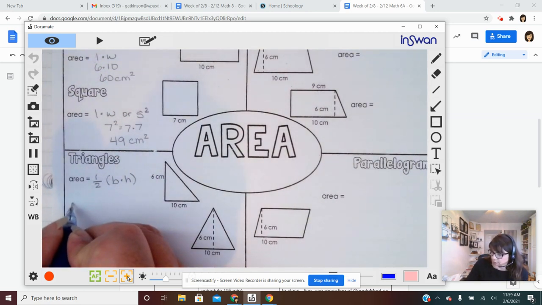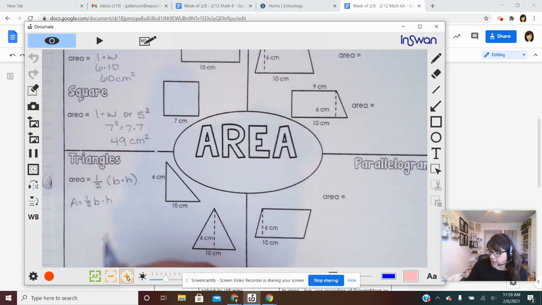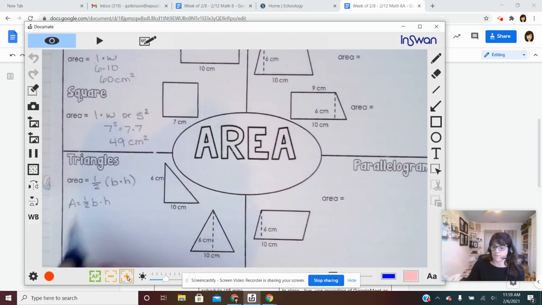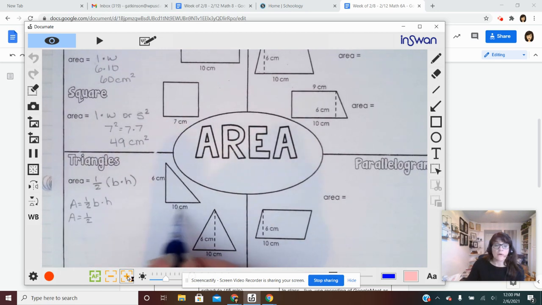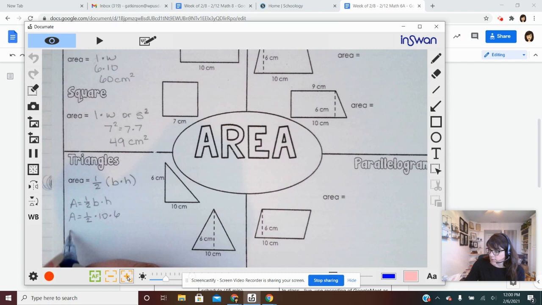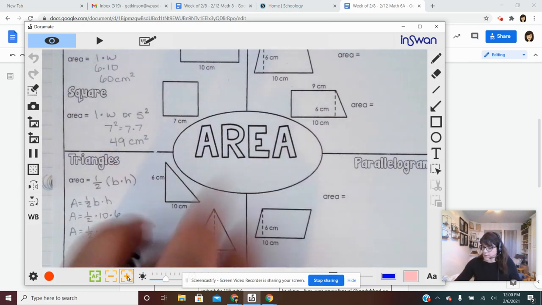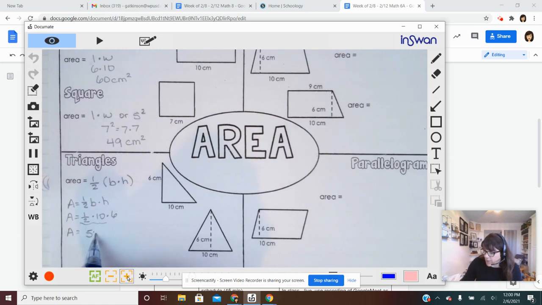The first one, if area equals 1/2 times base times height, okay, then area equals 1/2 times 10 times 6, then I multiply, and notice 1/2 of 10 is 5. 5 times 6, area equals 5 times 6 is 30, 30 centimeters squared.